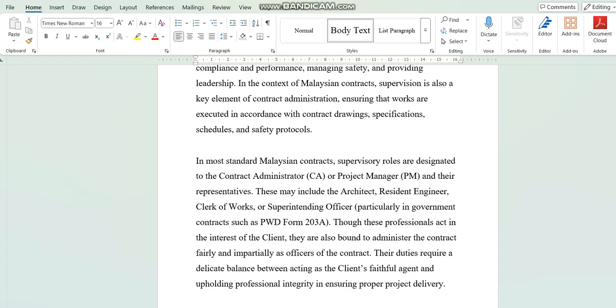But of course, if you're an engineer working for the contractor, you also need to ensure that work is done with integrity, not because your paymaster is the contractor, you can close your eyes to it, you see. So that one is quite a delicate responsibility.